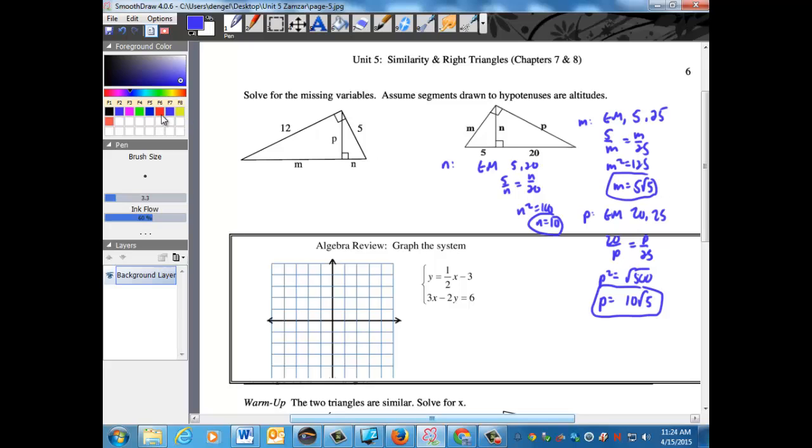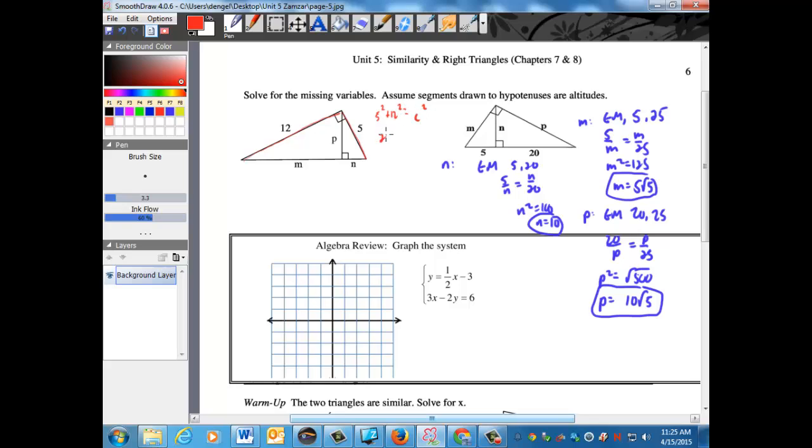Alright, moving over to the other problem, a little bit more challenging here. We have 3 unknowns, just like in this problem. The first thing that I want to do here is, if we look at this large right triangle, we have 5 and 12. So let's do a quick a squared plus b squared equals c squared.